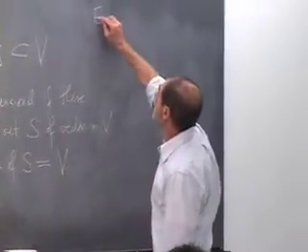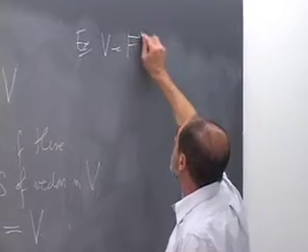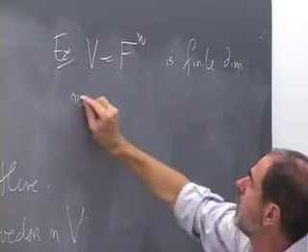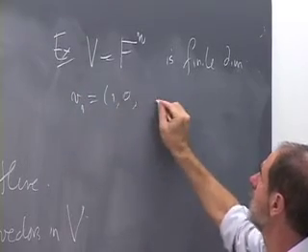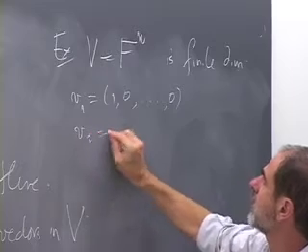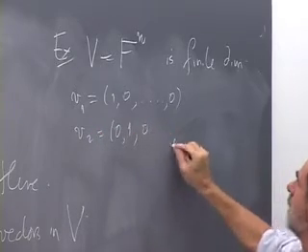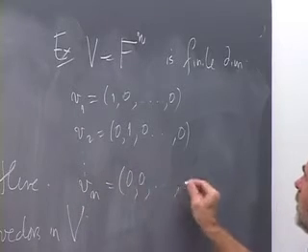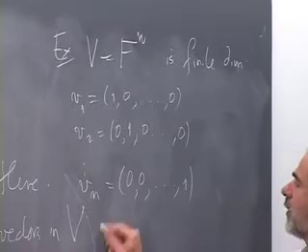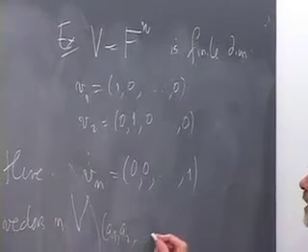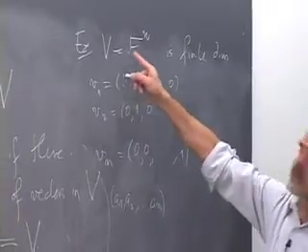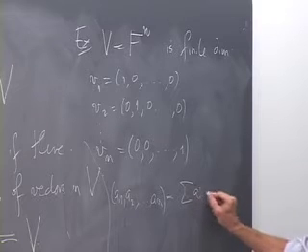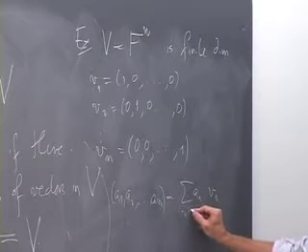So example, V equals F^n is finite dimensional. If you take the vector v1 to be the vector 1, 0, 0, and v2 to be the vector 0, 1, 0, 0, and finally vn to be the vector 0, 0, 1, then the vector a1, a2, an, and that's a general element of this vector space, which is just n-tuples of elements in F, is the sum of the ai times the vi, i equal 1 to n.